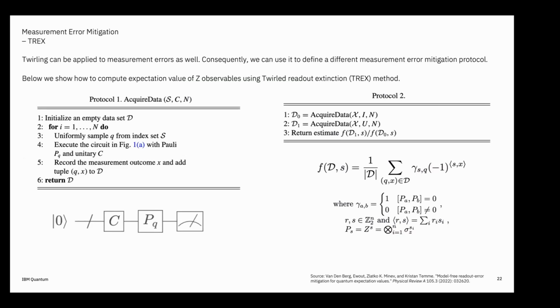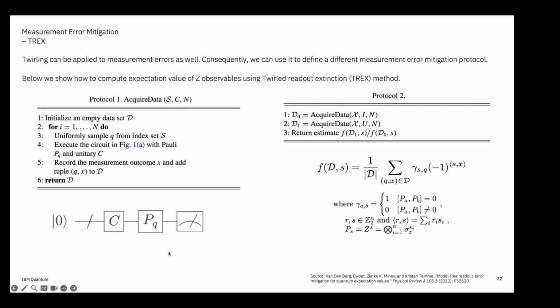You essentially start by collecting your data in such a way that you say, look, I want to implement some unitary C, but I'm going to do a twirling at the end of it, okay? So instead of doing twirling on the noise channel, we want to do twirling on the measurement. And you just make sure you keep track of what P of Q gave you what bit string X. That's really all that this acquired data set is saying.